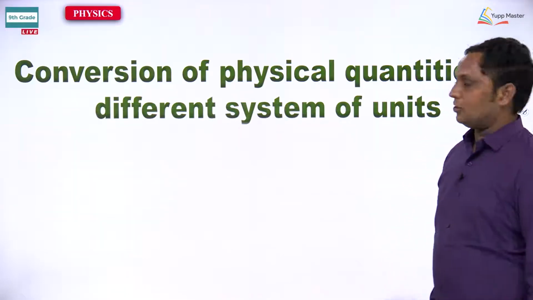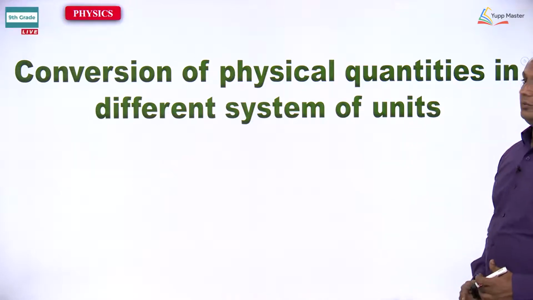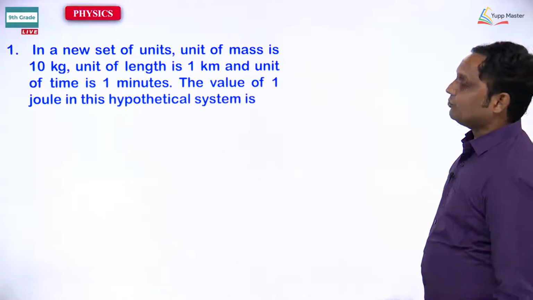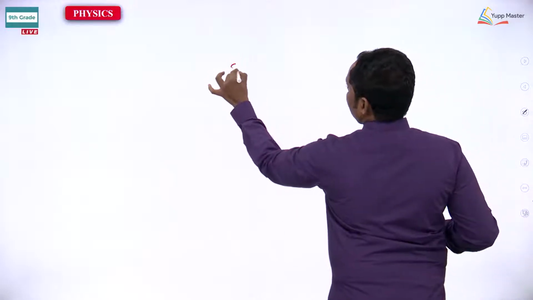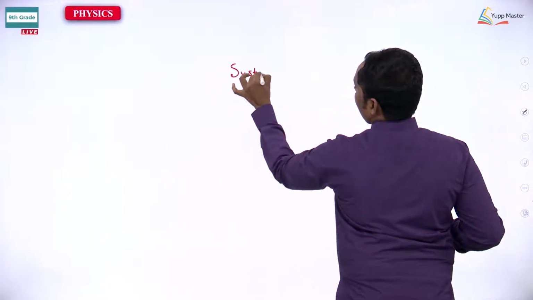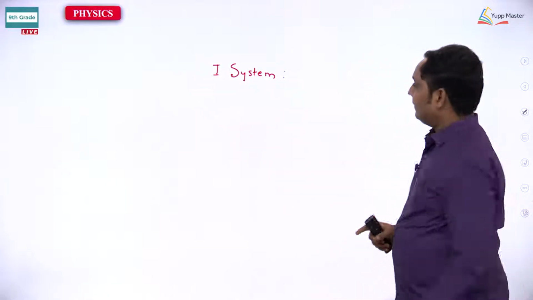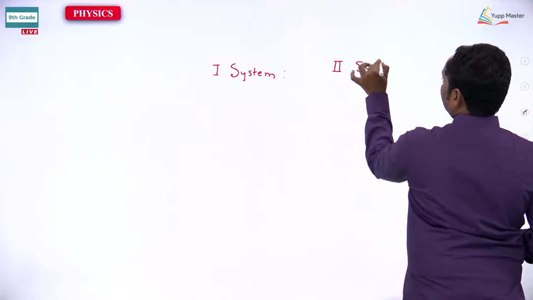The concept is conversion of physical quantities in different systems of units, all right. If we take one system, how it is going to be converted, let us discuss. You have taken the first system and the second system.